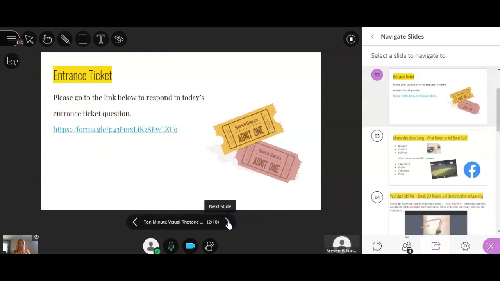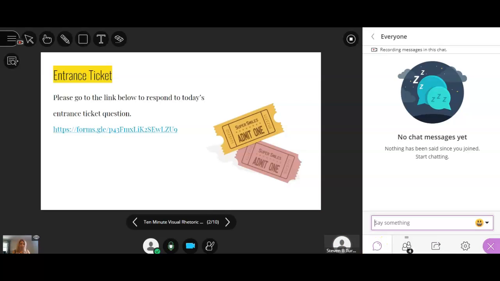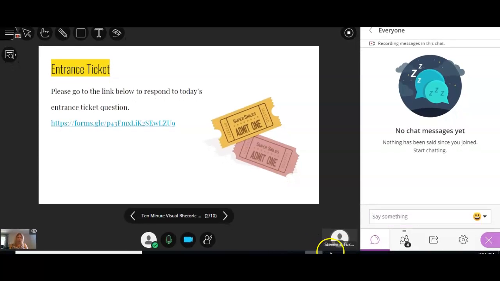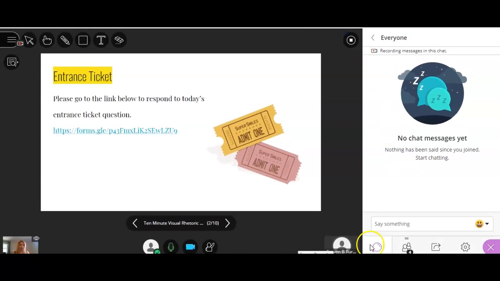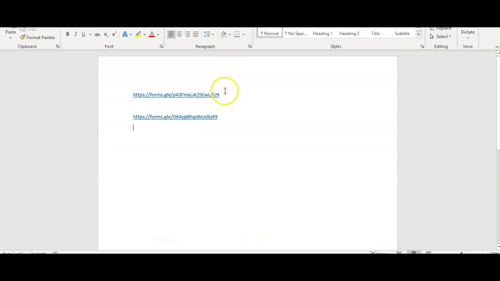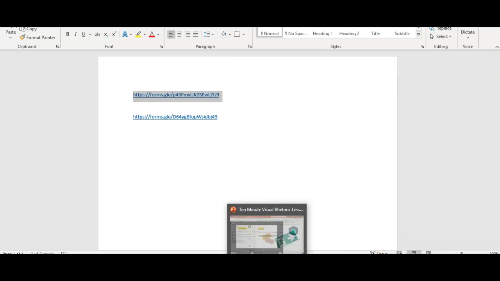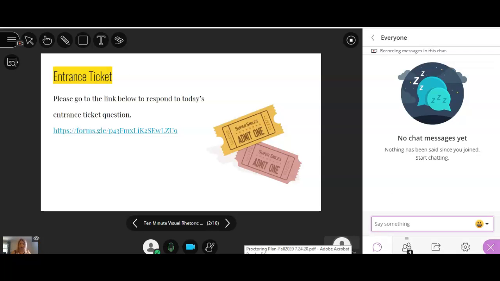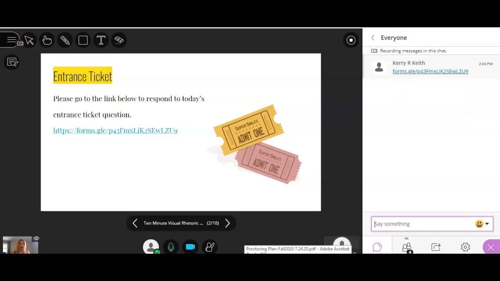But before we get too far into this, the first thing I want you to do is our entrance ticket. I'm going to put it on our chat so you don't have to try and type it in. I will put up our entrance ticket. If you could take about 1 minute and fill that out, it should be very simple.